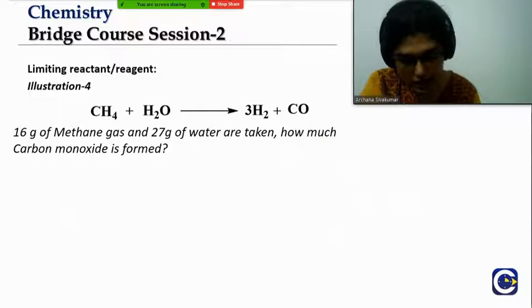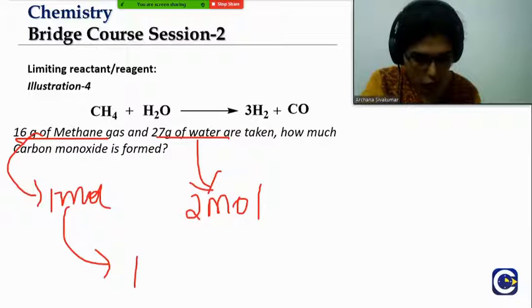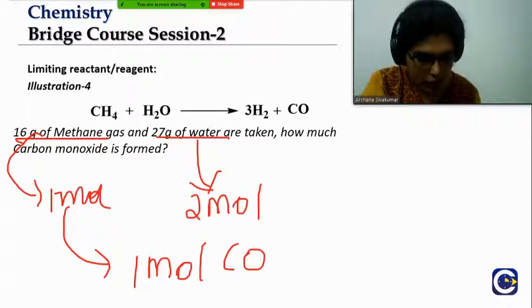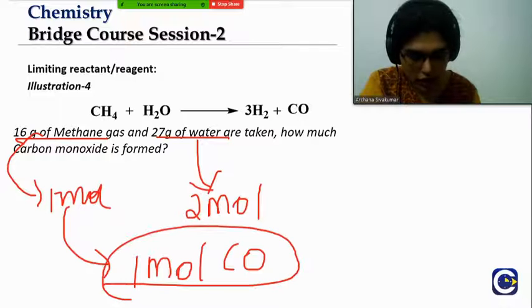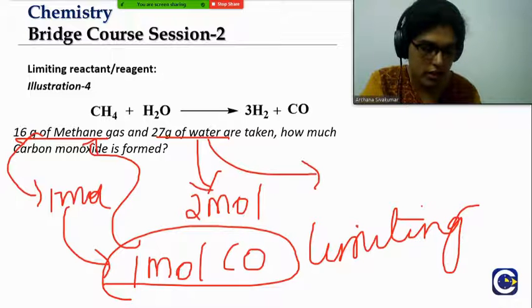So when 16 grams of methane contains 1 mole and 27 grams of water contains 2 moles, I will get only 1 mole of carbon monoxide because methane functions as the limiting reagent, whereas water is in excess.